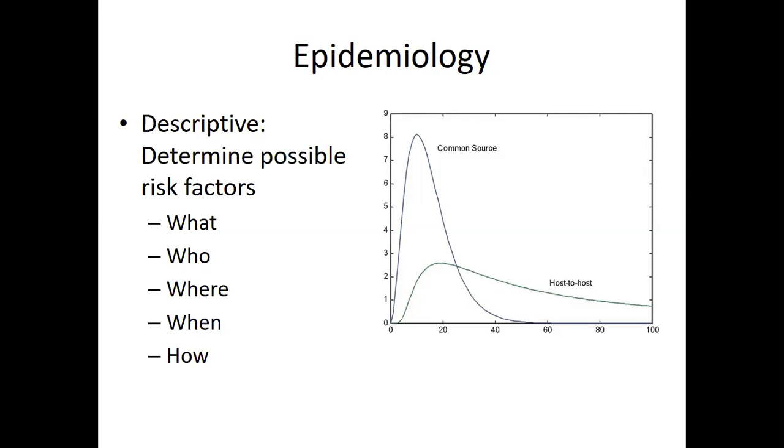I look at this as casting a wide net. This is the initial stage, where we're trying to gather as much information as we can, hoping that maybe something sticks out to us. We're just trying to identify possible risk factors.